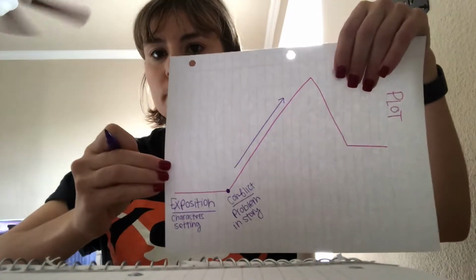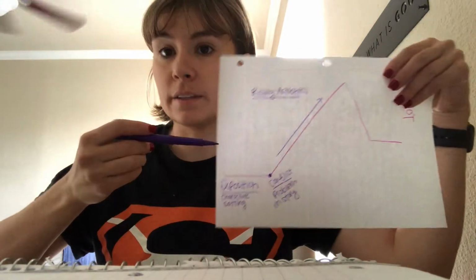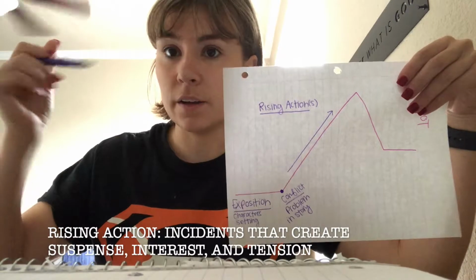On the plot mountain, you have a part where it rises, okay? Where you're rising to the top. And that is where the rising actions happen, okay? So this part of the story is the rising actions of the story. Depending on how long your story is, depends on how many rising actions there are.